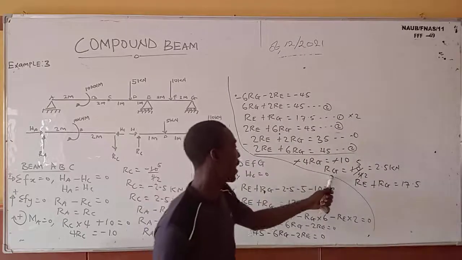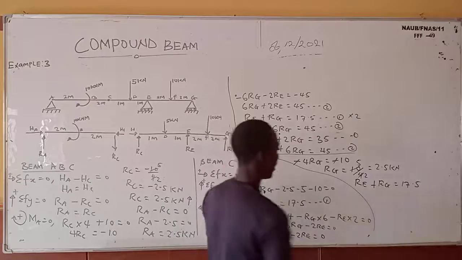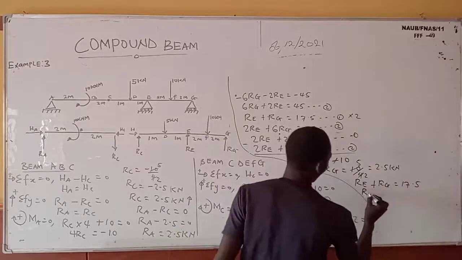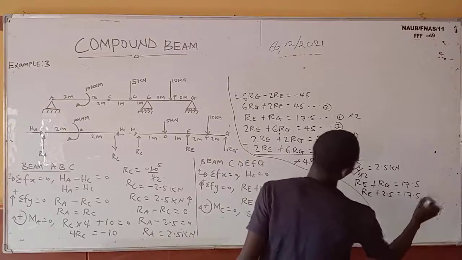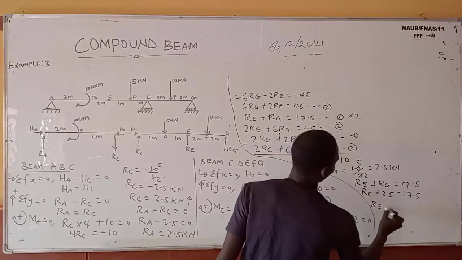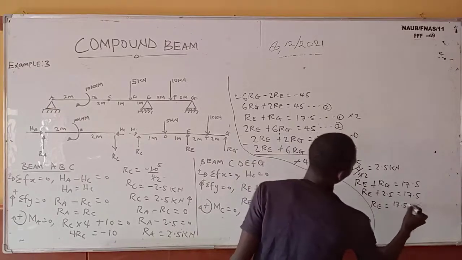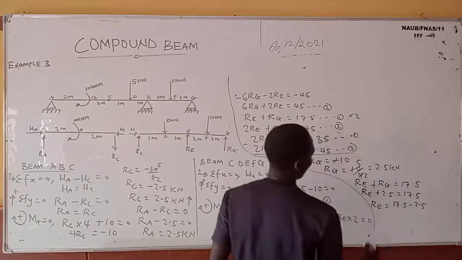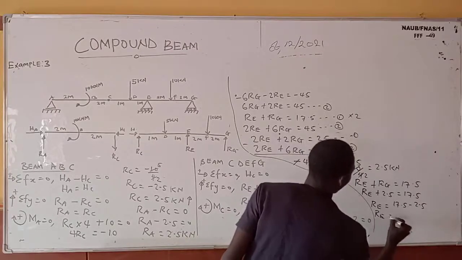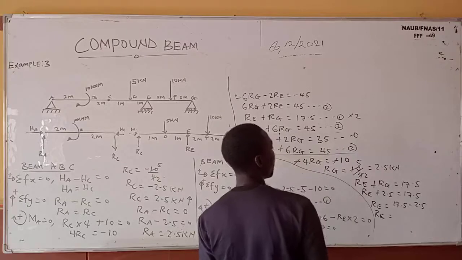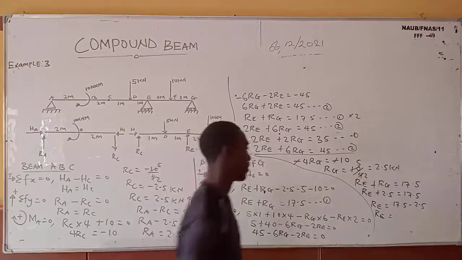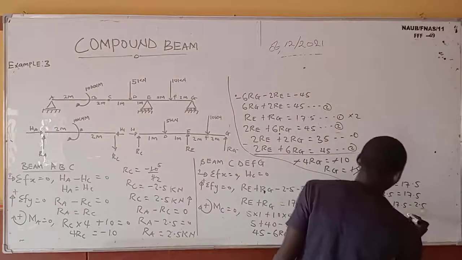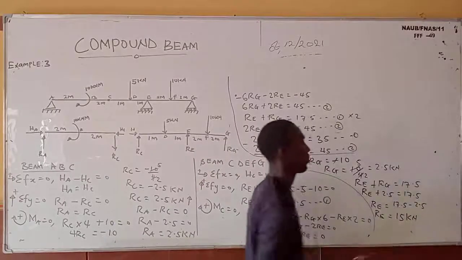And I've gotten my ROG to be what? 2.5. ROG is 2.5. So ROE plus 2.5 equals to what? 17.5. So ROE will be equals to 17.5 minus 2.5. 17 minus 2, that is 15. So this will be 15 kilonewton.